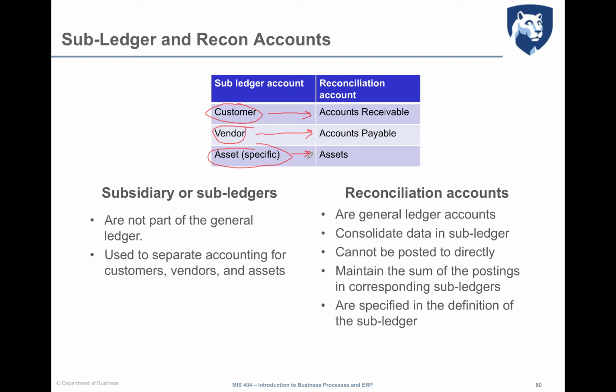It is also interesting to notice that one specific characteristic of reconciliation accounts is that it's not possible to post data directly into them. Data instead must be posted into subledger accounts and then uploaded or claimed through a specific operation in SAP ERP to be displayed in the corresponding reconciliation account.